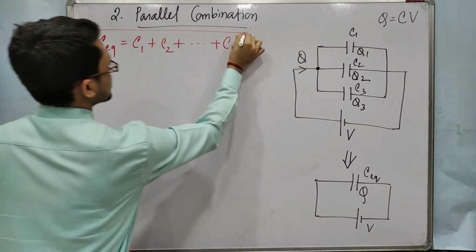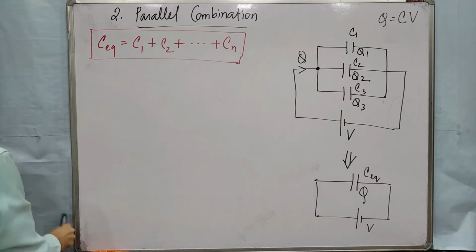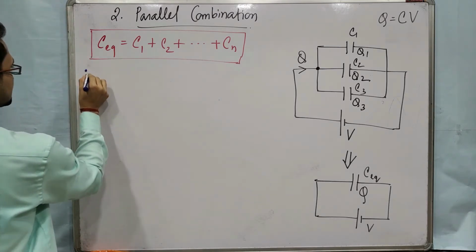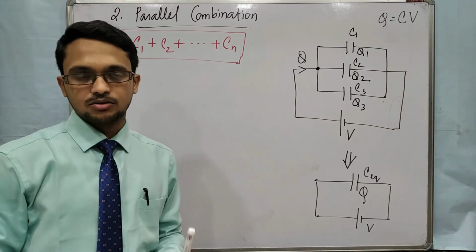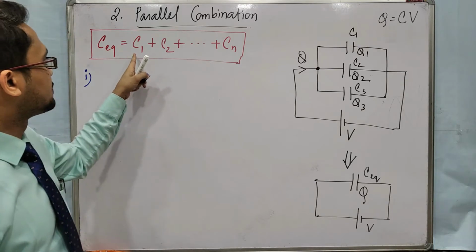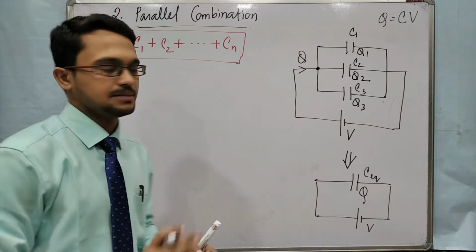So the important points are: first one, here the equivalent capacitance is equal to the addition of individual capacitances. Just normal addition, algebraic addition.